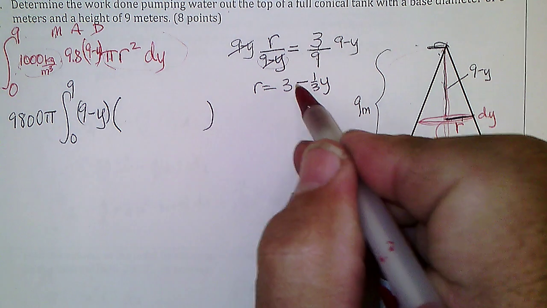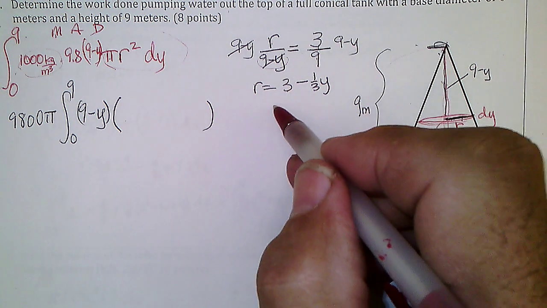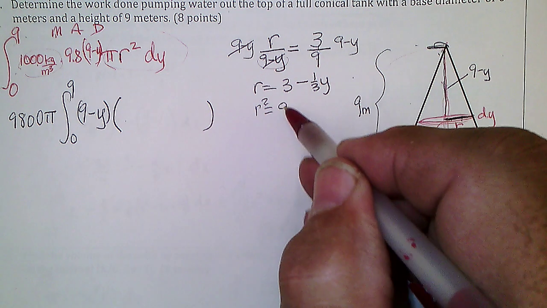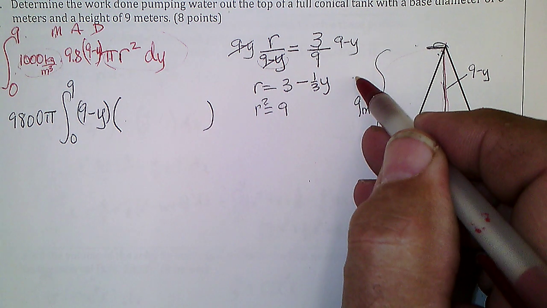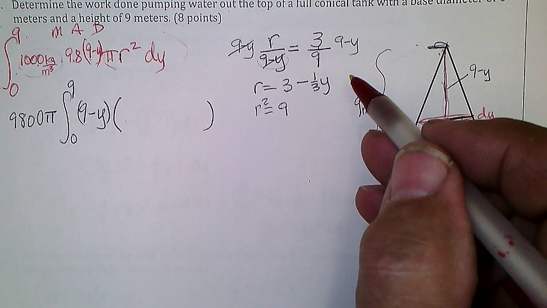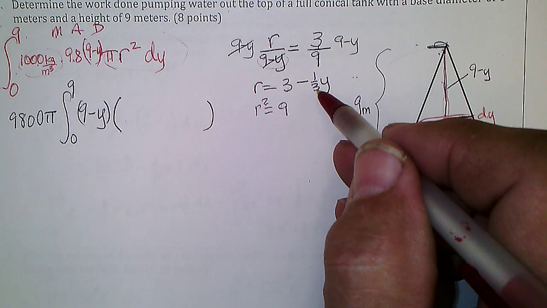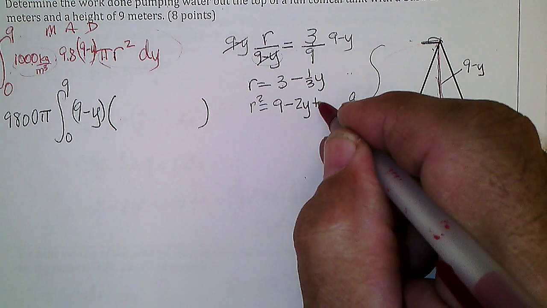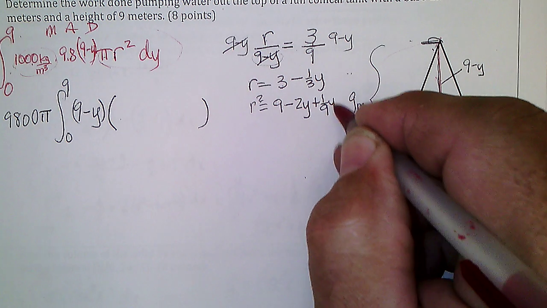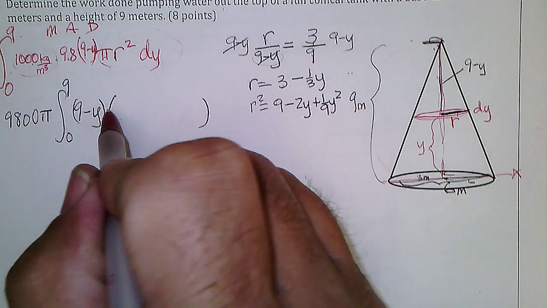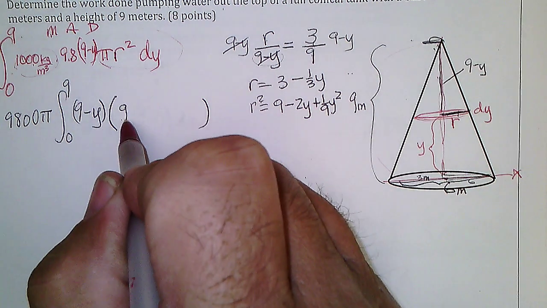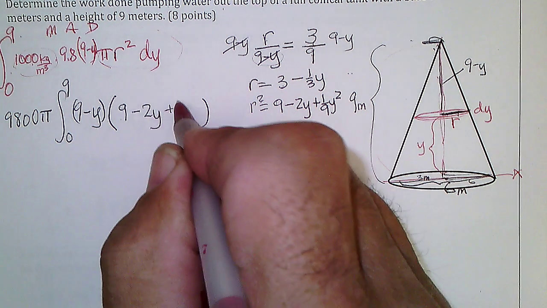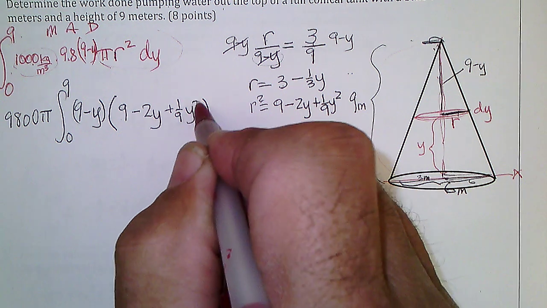So r squared would be 3 times 3 is 9, 3 times the third y is just y, and third times y is just y. So that's minus 2y plus 1/9 y squared. So I've got 9 minus 2y plus 1/9 y squared.